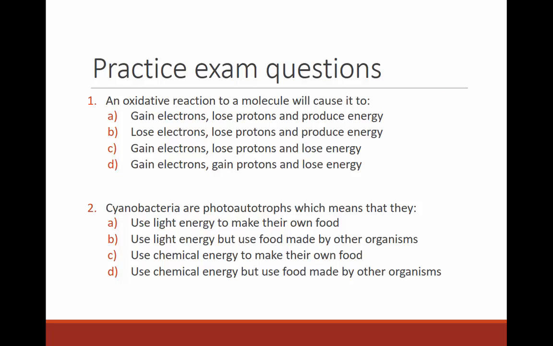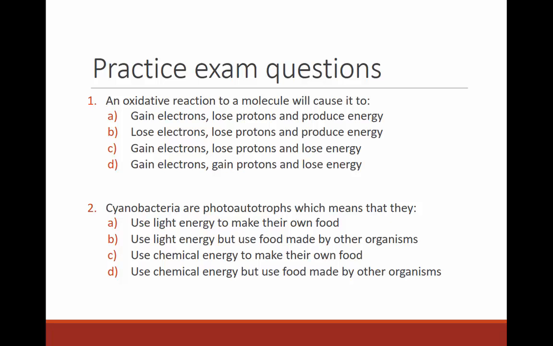And so, practice exam questions. What do you think? Number one, an oxidative reaction to a molecule will cause it to? Okay, keep that in your mind, your choice.